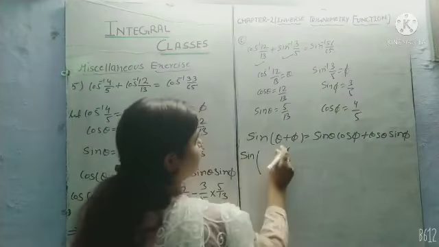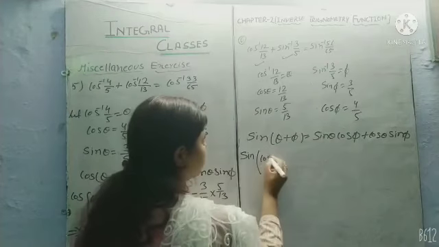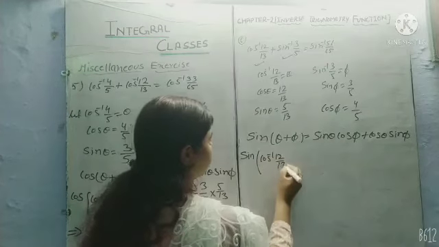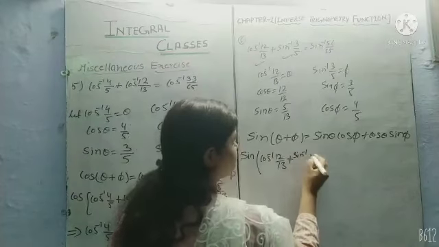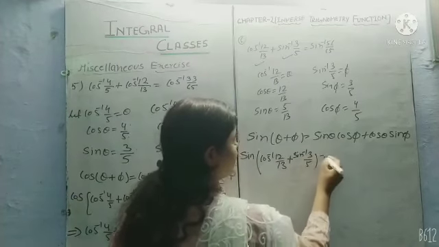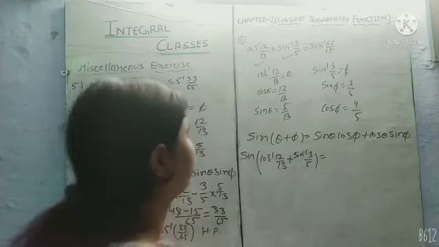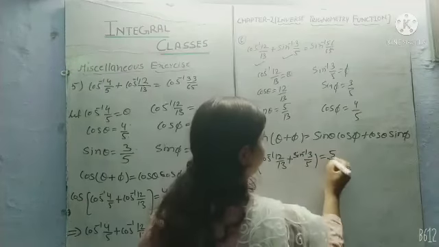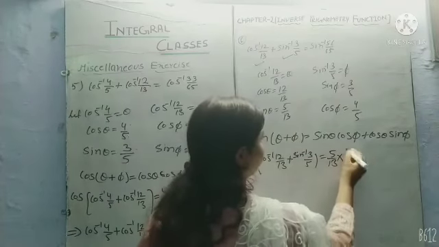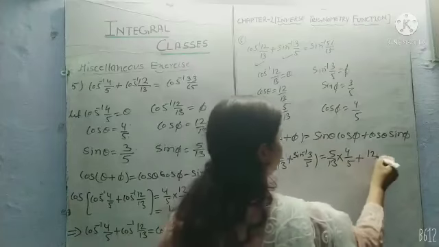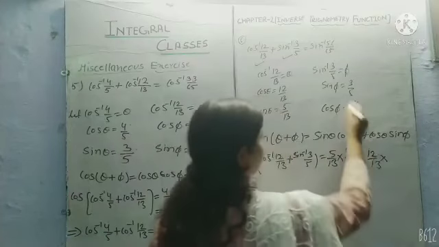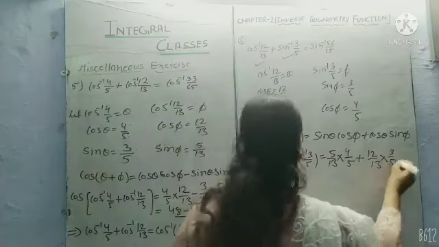Theta equal to what? Cos inverse 12 upon 13. Phi equal to what? Sin inverse 3 upon 5. Value of sin theta 5 upon 13. Cos phi 4 upon 5. Cos theta 12 upon 13. And sin phi 3 upon 5.